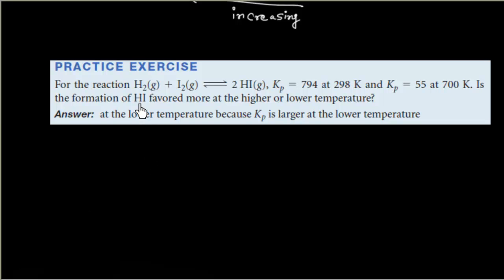So we have to find at what temperature formation of HI is more favored, at higher temperature or at lower temperature. So you have H2 plus I2, and this gives you 2HI, all are gases.